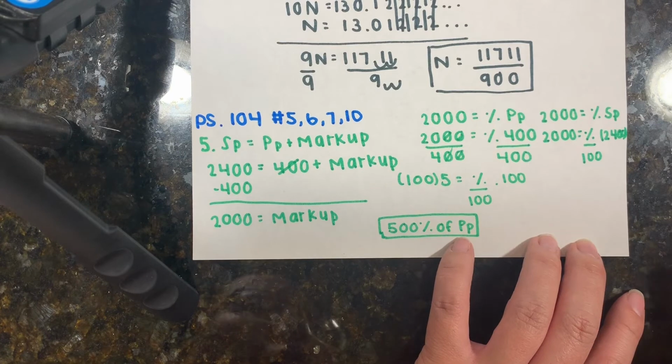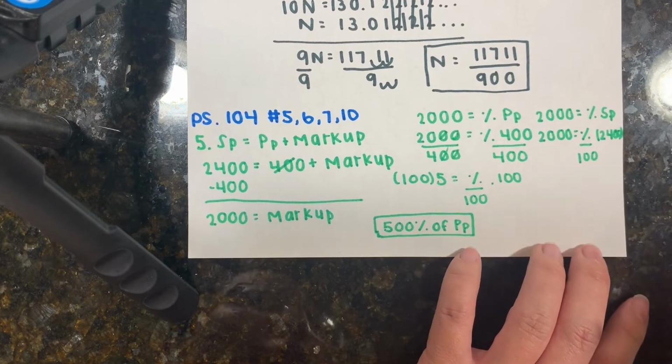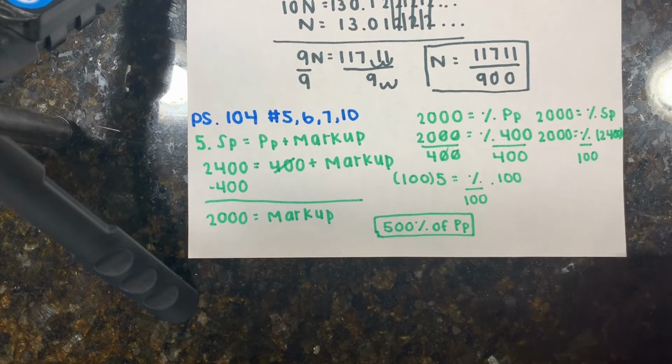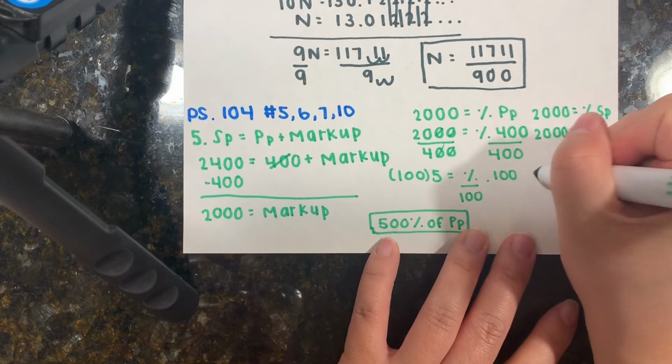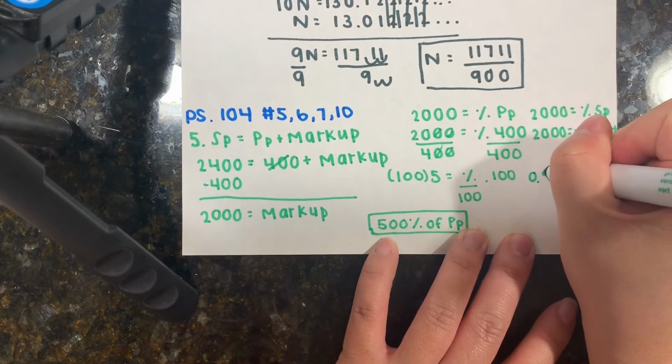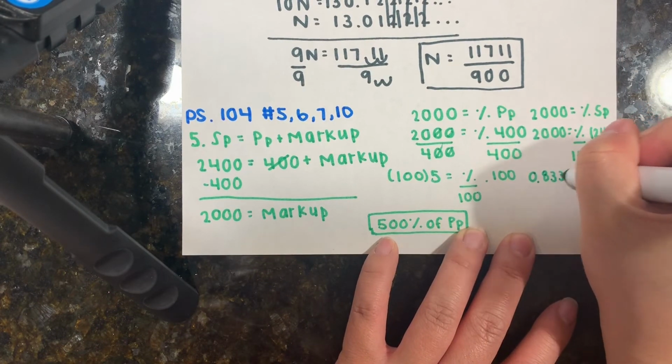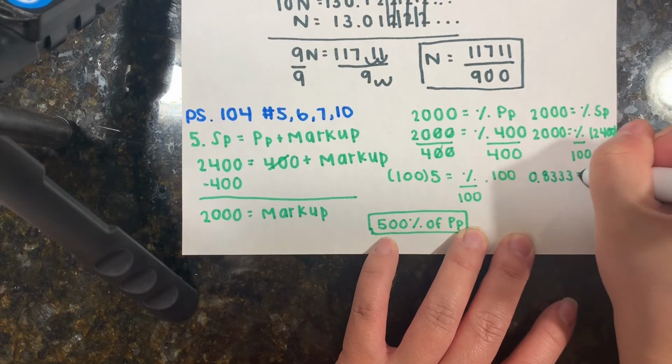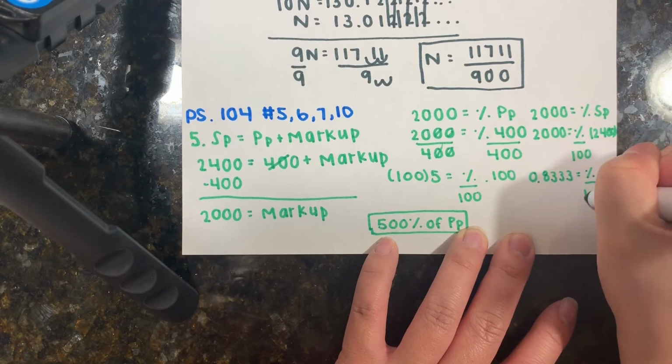So if I divide 2,000 divided by 2,400, I get this decimal number of 0.833. And then I would need to multiply that by 100. So it'd be 0.8333 equals the percent over 100.